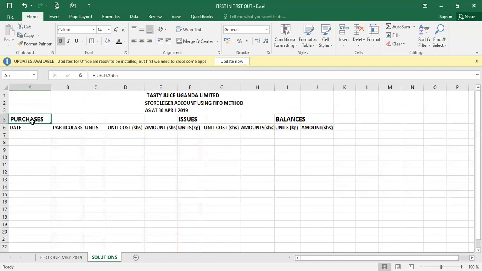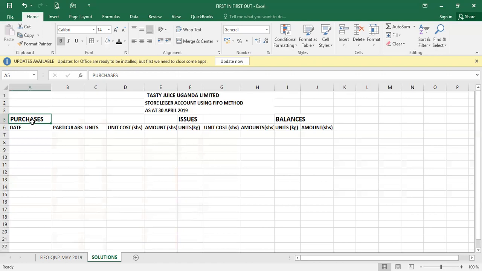Those are the most important things which we are supposed to put. We must be having a purchase, we must be having an issue, and we must show the column for the balance. The reason why we are showing this, we are showing how much we've bought, we are showing how much we've issued out, and what is remaining. Those are the things we need when you are preparing the store ledger account.